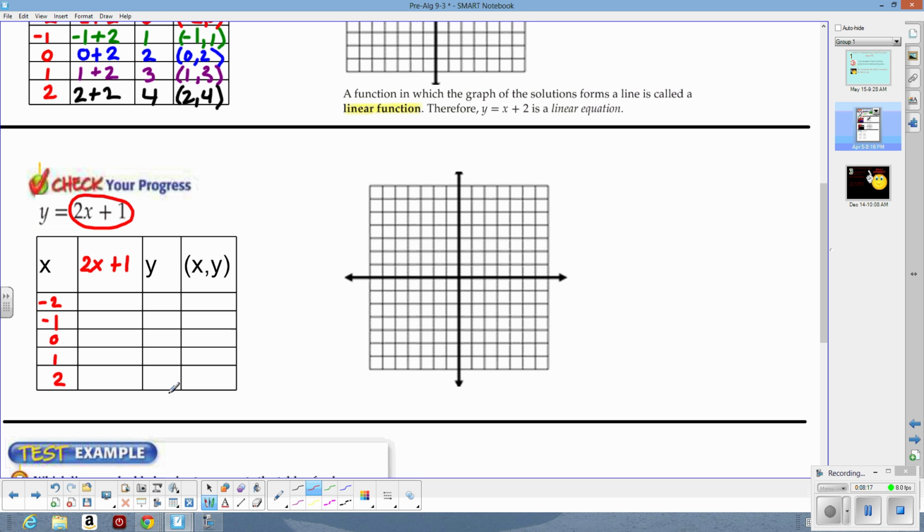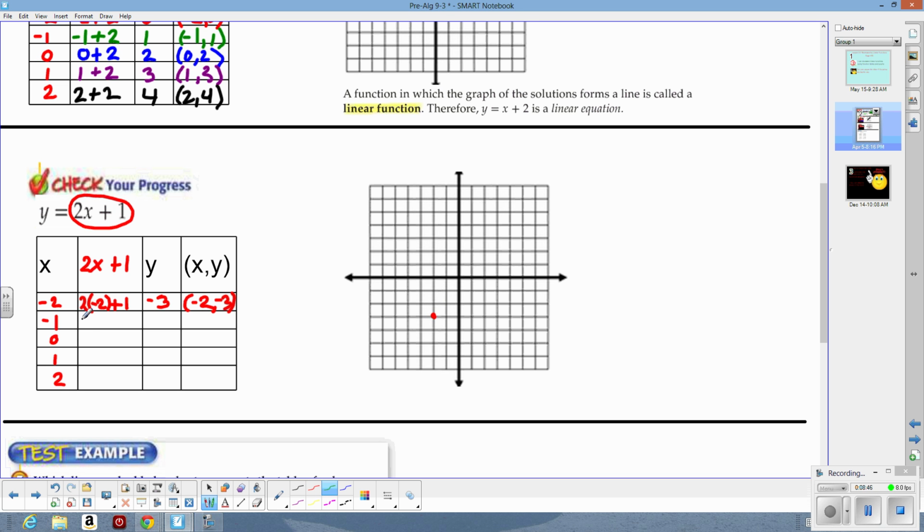Now we're going to plug those in. 2 times negative 2 plus 1. 2 times negative 2 is negative 4. Negative 4 plus 1 is negative 3. So the ordered pair is negative 2, negative 3. Now when I plot that, it's going to go to the left 2 and down 3.